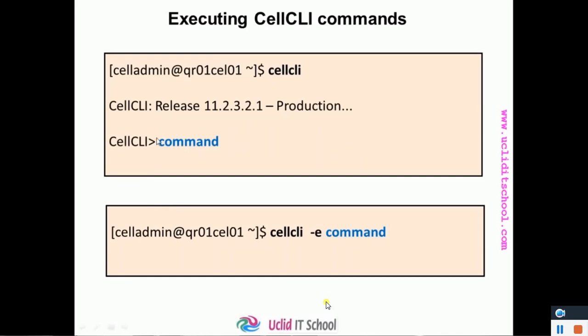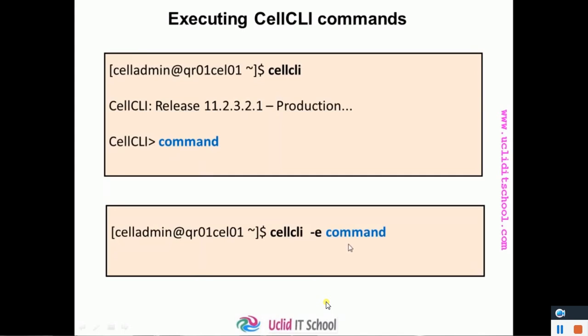Once you are at the cellcli prompt, you need to type the cellcli commands. So this is one way. Once you are in the cellcli utility, you need to type exit to come out of cellcli. Till then, you can type multiple commands and finally exit.